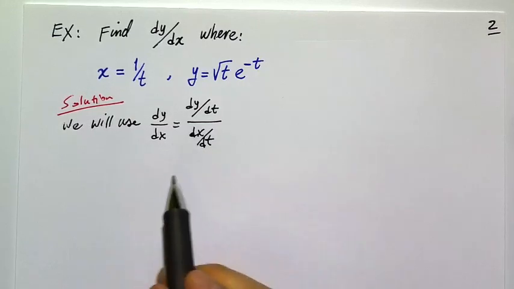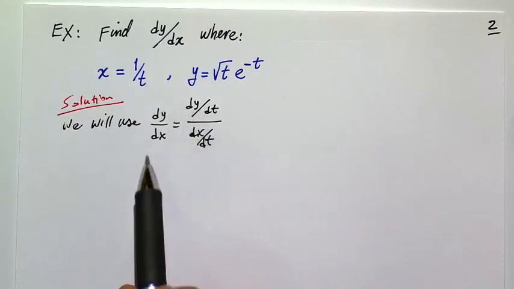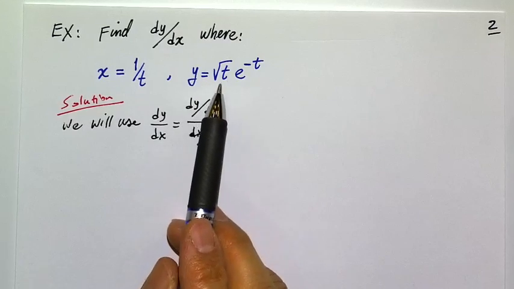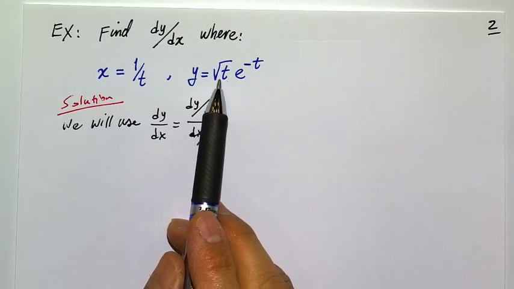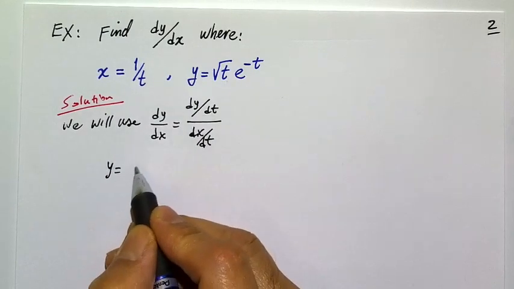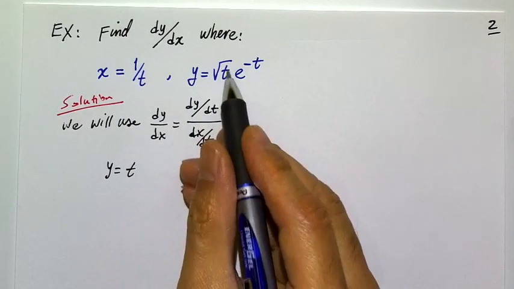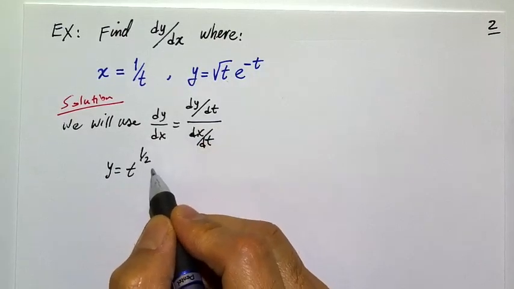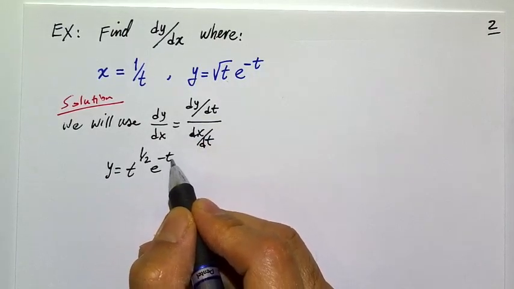Okay, so and then so we have y equals that. I want to rewrite this so we have a rational exponent instead of a square root of t. So let's rewrite it. y equals t to the 1/2 power times e to the minus t.